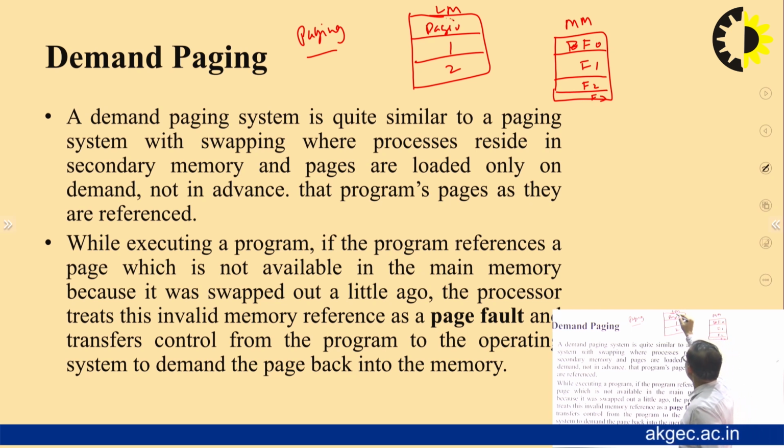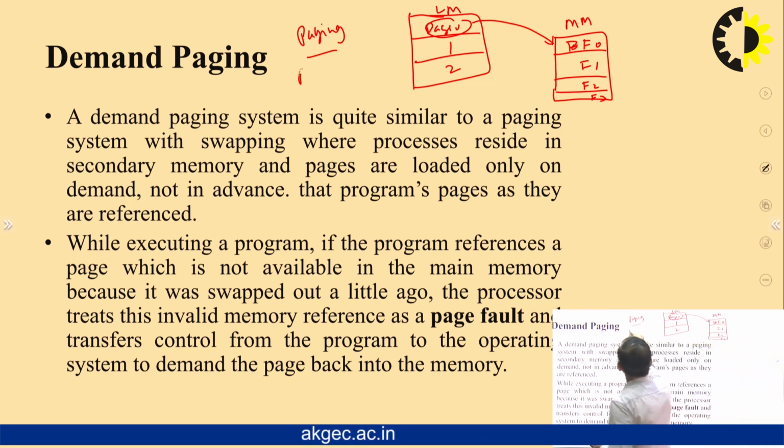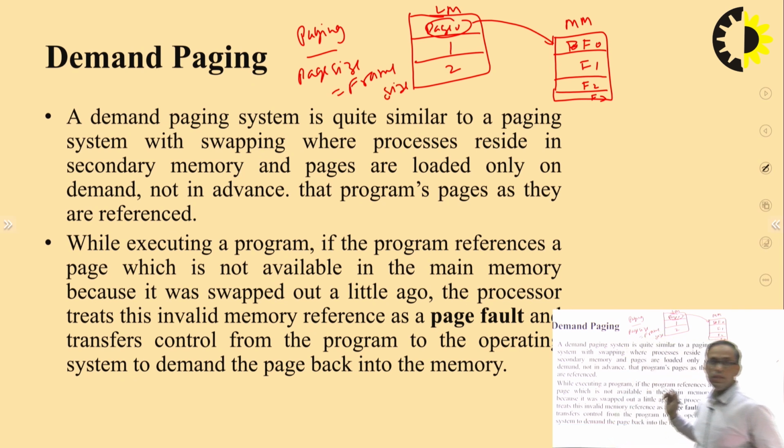These pages are loaded into the frames, and this division is carried out in such a way that page size is equal to frame size. It means each frame is capable of storing a particular page.